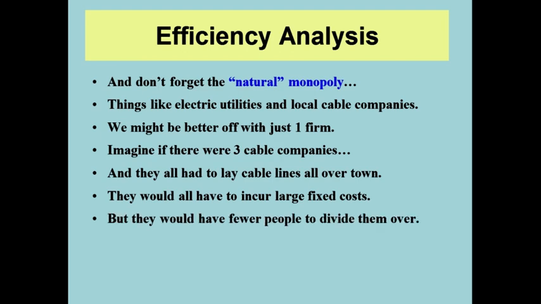So they'd have fewer people to divide these fixed costs over. If there's only one firm, they can divide these large fixed costs across all of their customers. But if they have only a third of the market, that's much fewer people to divide the cost over. And that would mean, folks, that we'd pay more for cable, right? So probably one cable company in Farmville is better than two or three.